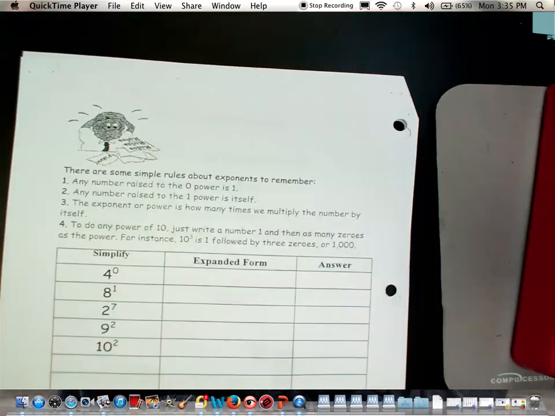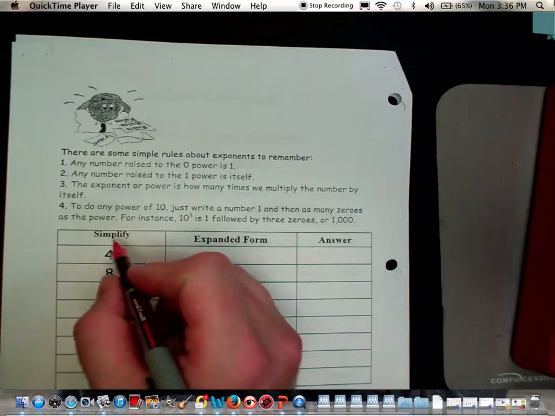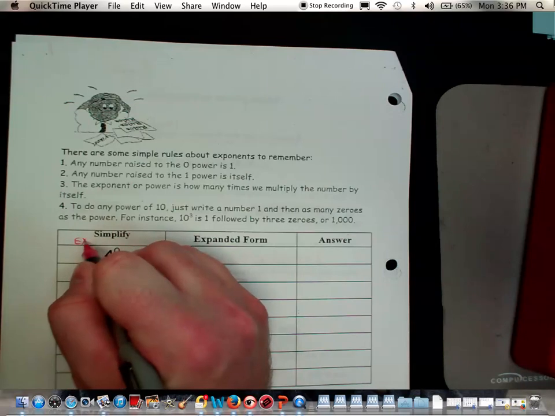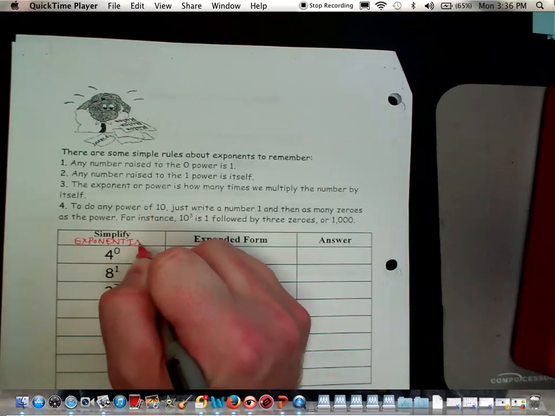And what I want you to do before we go here is I want you just to go ahead and make some little changes here. Where we have the word simplify, I want to write in the word exponential form.